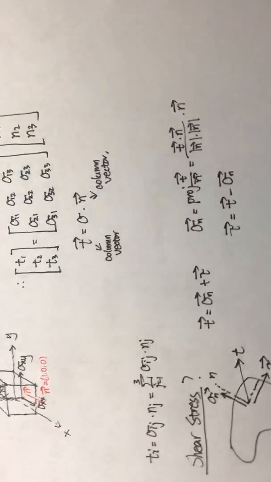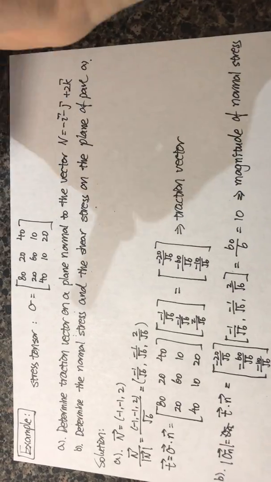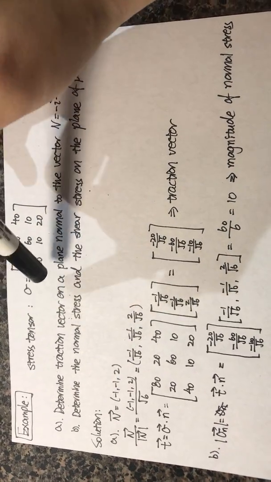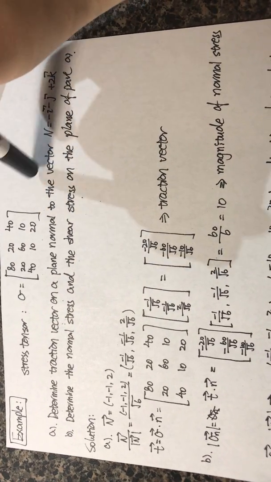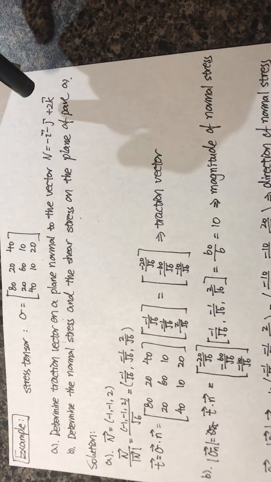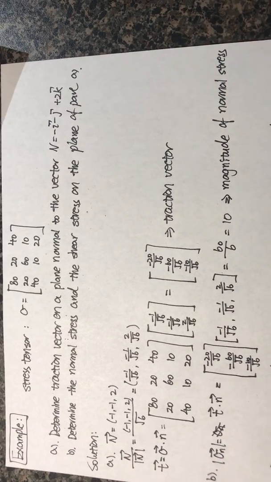So let's do an example. I have the stress tensor here. For part A, we're going to determine the traction vector on the plane normal to the vector n, which is minus i minus j plus 2k.